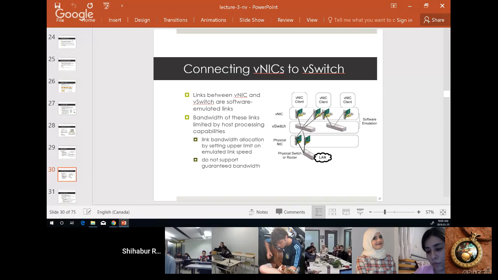Okay. Well, again, a virtual link is a concept, and it can be implemented in many different ways. A software emulated link is one way of implementing or realizing a virtual link. In this case, it's a software emulated link because there is no physical link on which you're going to create a virtual link.